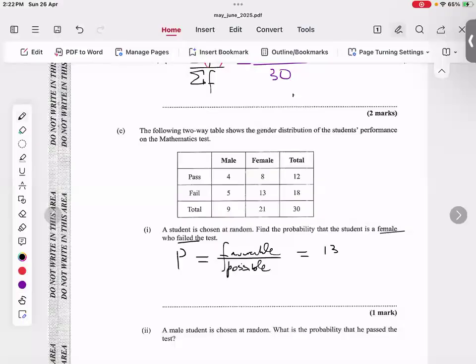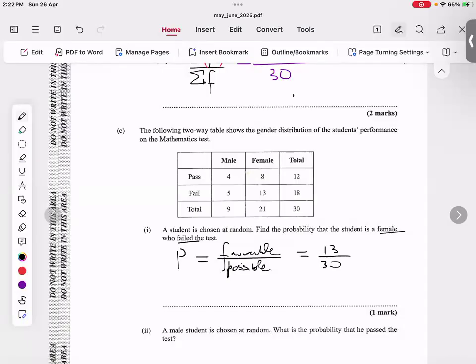So 13 females failed the exam out of a possible student. What's the possible student? 30. That's it. 13 out of 30.